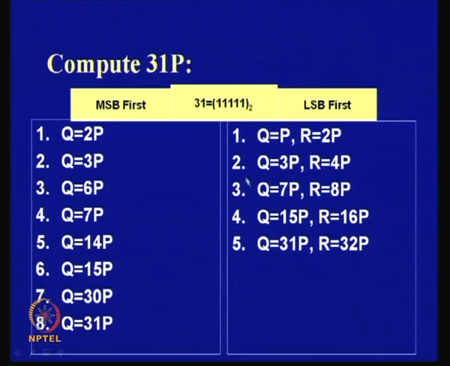You see that there is a significant reduction in the time steps required, but the cost that you pay is 2 registers. So, we can say that there is more scope of parallelism when you take an LSB first approach.